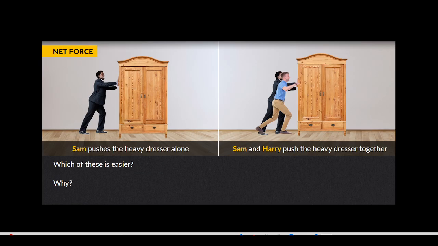Now let's talk: here there is a guy whose name is Sam. He's pushing this heavy dresser alone. Now his friend Harry joins him. So now Sam and Harry are both pushing it together. So which of these is easier?